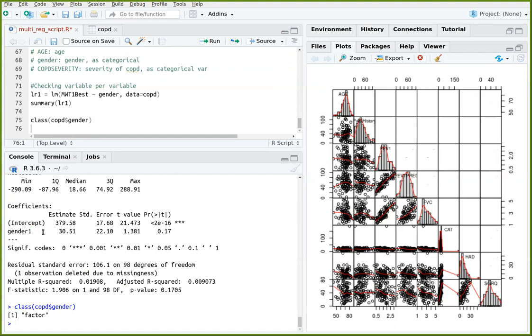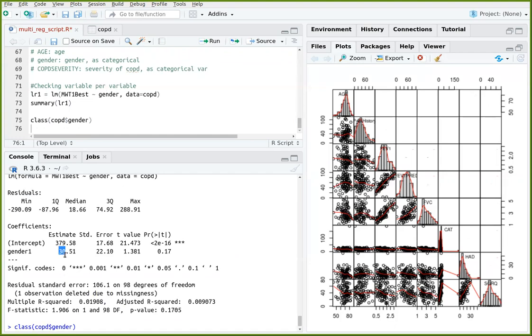So there is an increase of 30 in walking distance for gender 1 compared to gender 0. So for female compared to male. I'm sorry, for male compared to female. So the male has a longer walking distance than the woman by 30 points of this variable. But it's not significant. If we look at the p-value, it's 0.17.